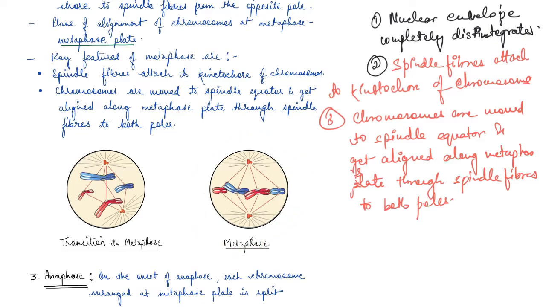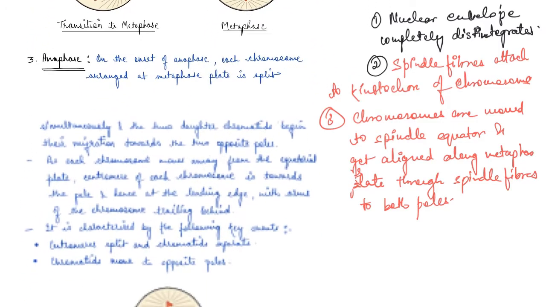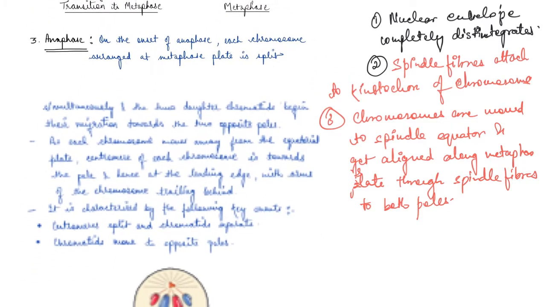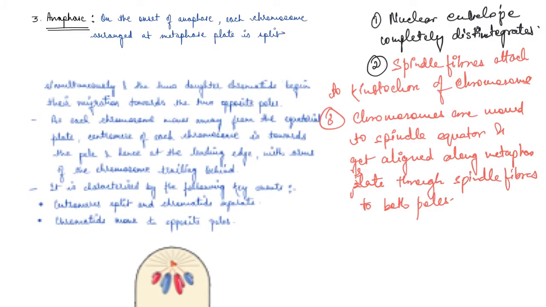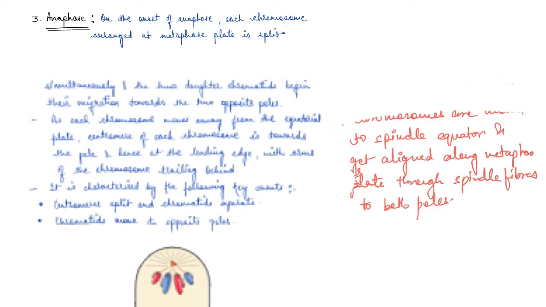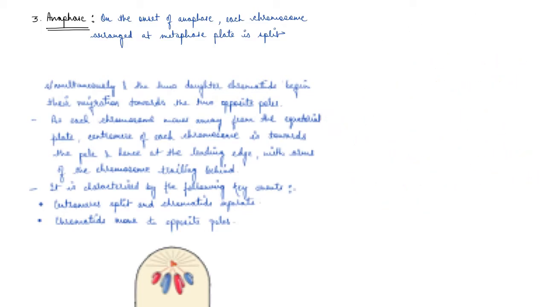Now let's see what comes in anaphase. Now, guys, let's see what happens in anaphase. Once all the chromosomes are aligned in one plate on the equator, what happens after that? Let's see that, right?